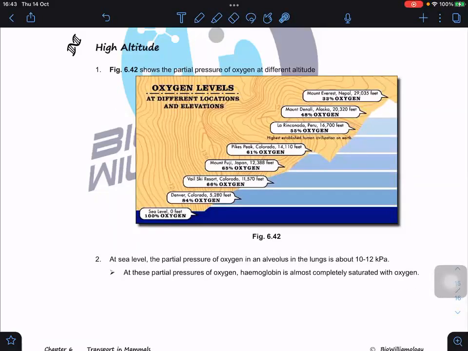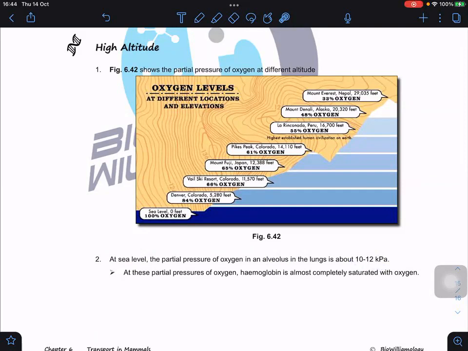So the next part here, we're going to look at how high altitude will affect our oxygen transportation. As we know, when we climb higher, the oxygen's partial pressure in the lungs will be lower. As I said, at sea level the partial pressure of oxygen in the alveolus in the lung is about 10 to 12 kilopascal.